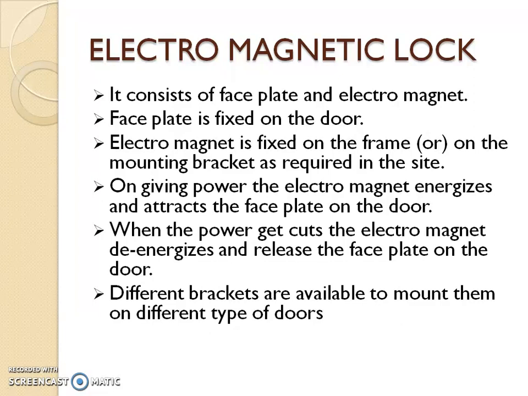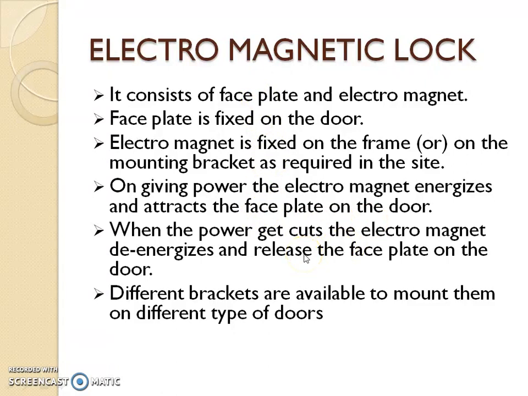These are temporary magnets which work when electricity is passed through the device. On giving the power, the electromagnet will act as a proper magnet and attract the faceplate and keep the door in the closed position.